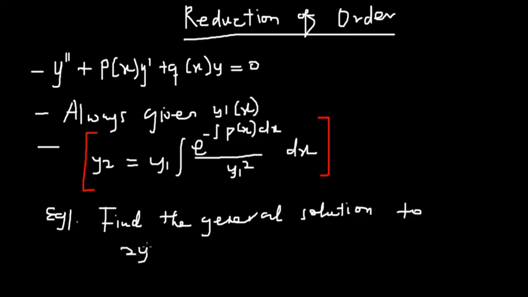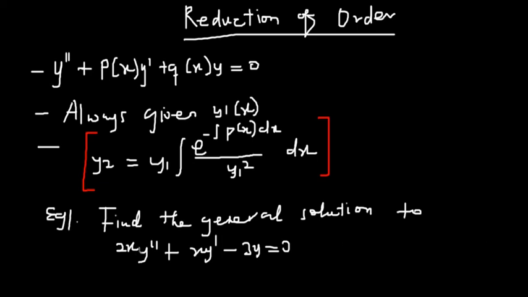So we have 2x squared y prime prime, and then we have plus x y prime, and we have minus 3y equal to 0.